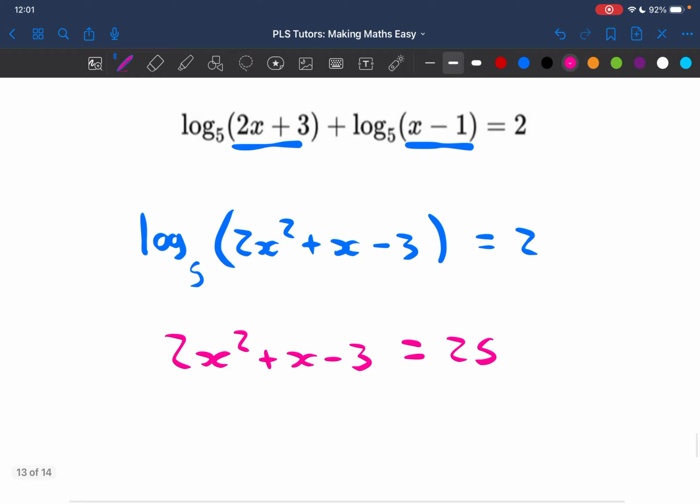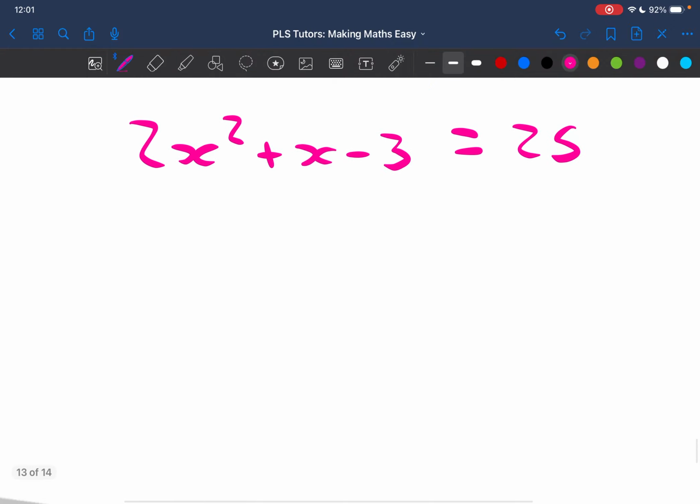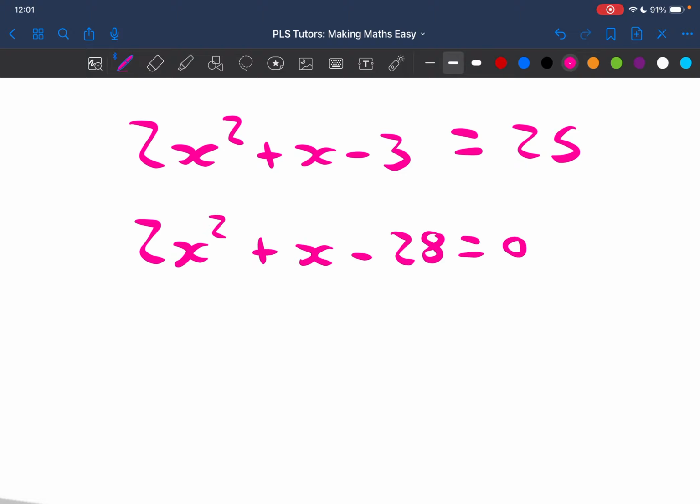And then you would just solve it like a quadratic. So you would minus your 25 over. So 2x squared plus x minus 28 equals 0. And then we would just type that into the calculator to solve it, in which case we would get x is 3.5 and x is minus 4. You get 2 answers for your quadratic.